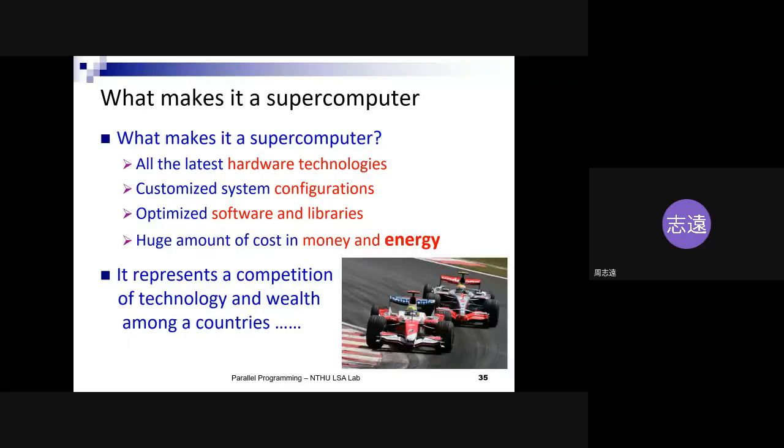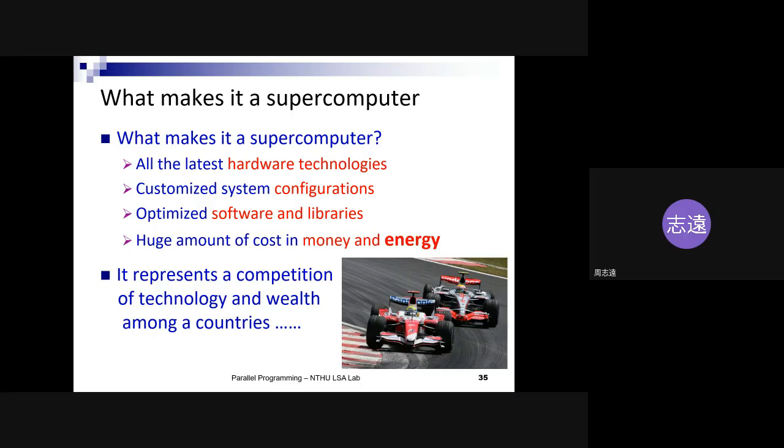And so it's actually a competition across the world and between nations, because much technology today is driven by supercomputers. If you follow the news recently, you will see rules and political considerations between countries.